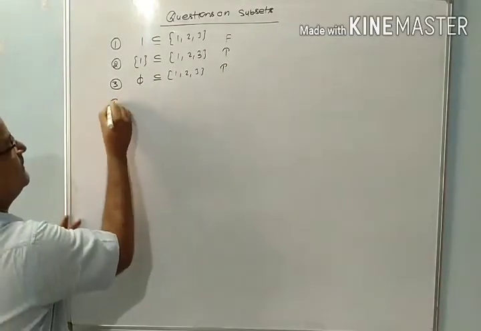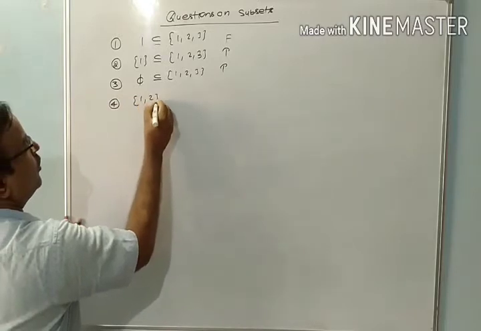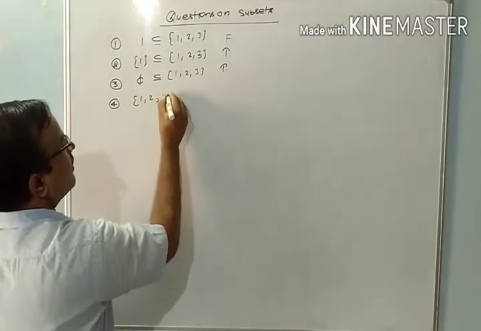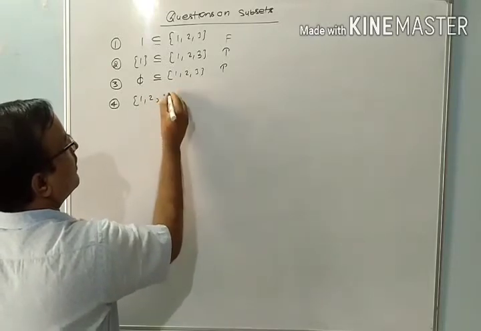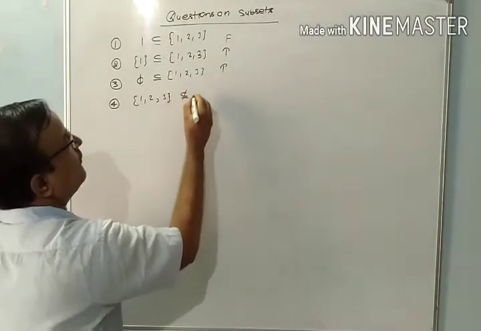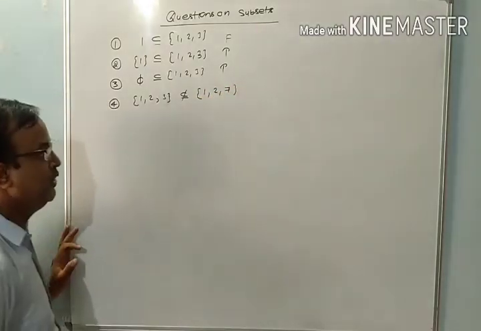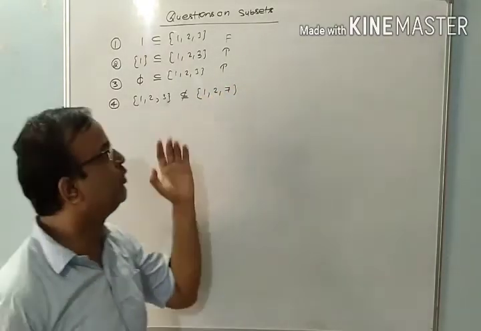Now the fourth one: {1, 2, 3} is not a subset of {1, 2, 7}. We have to check whether it is true or false.